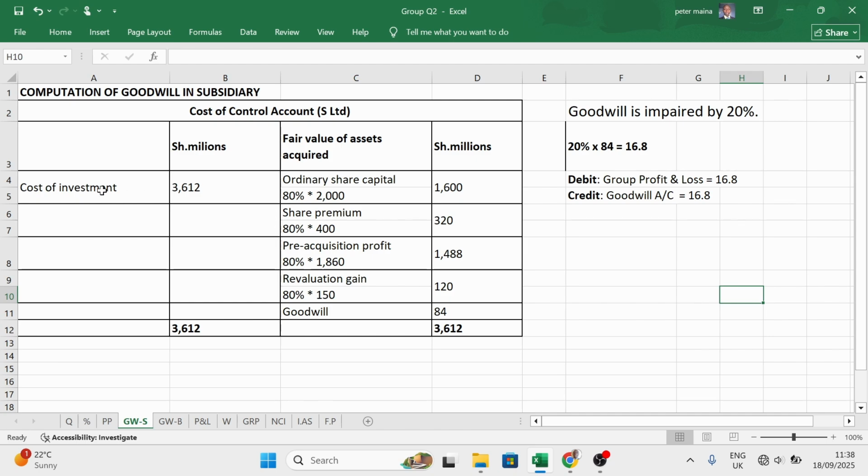So once you have recorded the cost and the equity items, the balancing figure becomes the goodwill. Goodwill is going to be 84 million, which is the difference between the cost of acquisition and the fair value of net assets acquired. Once you have the goodwill, look for the rate of impairment, if there is any.